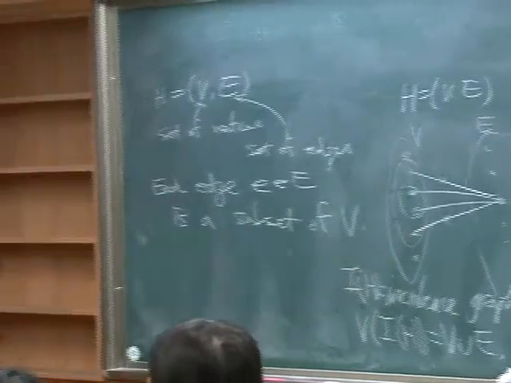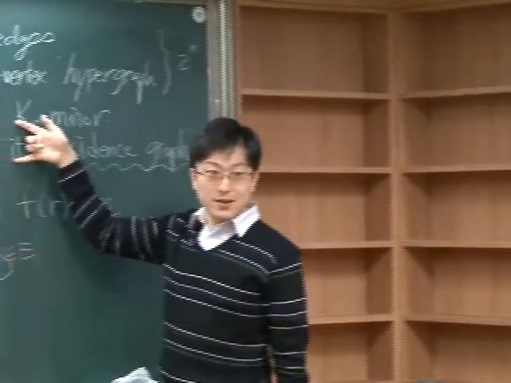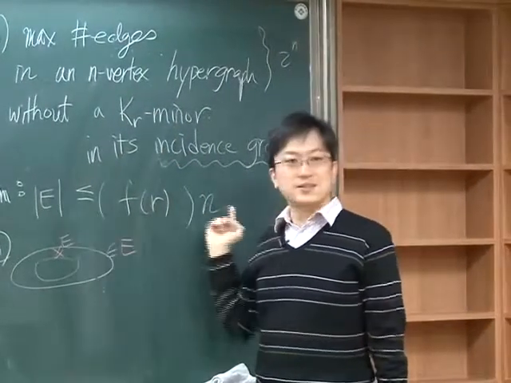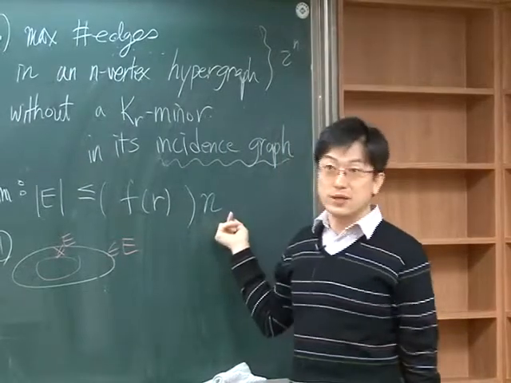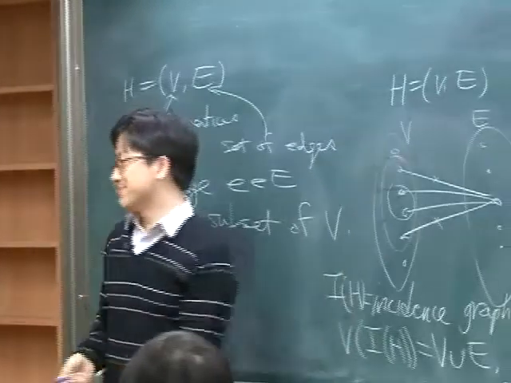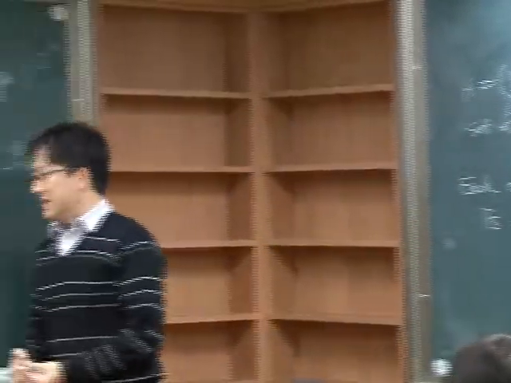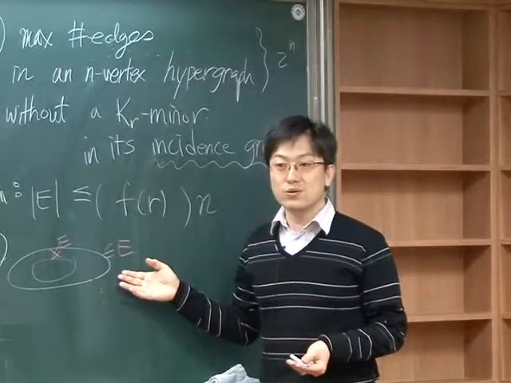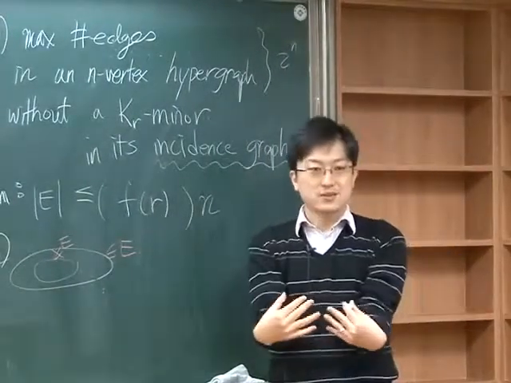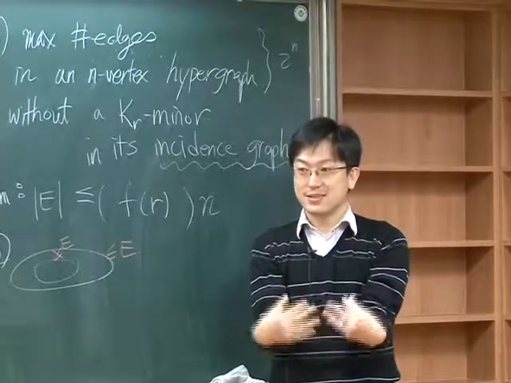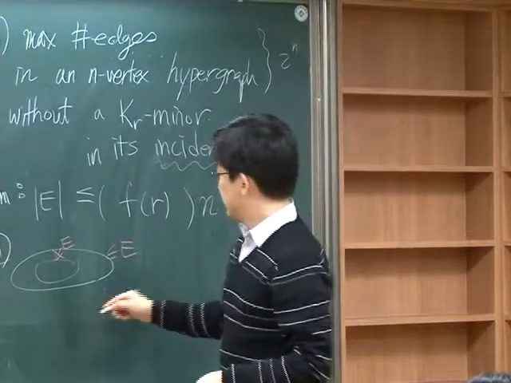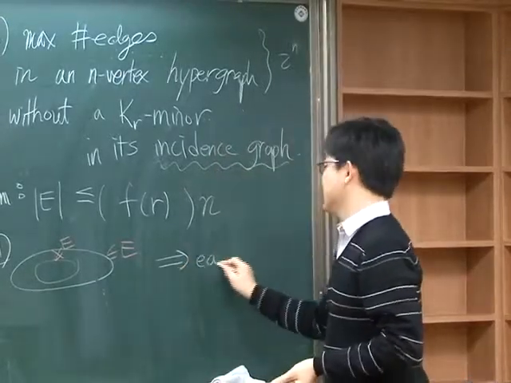By shrinking it, you still have the same property. Then by induction, it's the induction on the number of edges in the incidence graph, right? Then you win. So now you can assume that for every edge in the hypergraph, all subsets are edges of the hypergraph. So this case is easy.